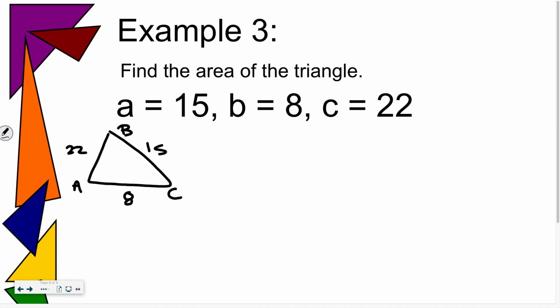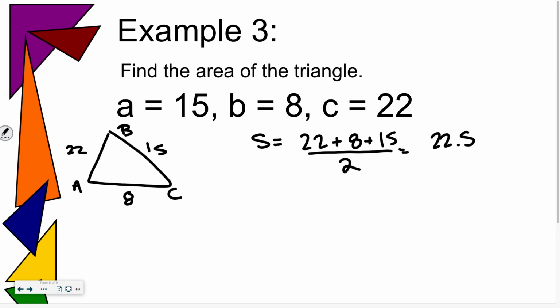So before I do Heron's formula, I need my semi-perimeter. 22 plus 8 plus 15 divided by 2. 22.5. Your semi-perimeter is always longer than all of the sides. This one, not by much. It will always be longer than the sides. And then you just plug it in. I'll say plug and chug again. Why not? Plug and chug.